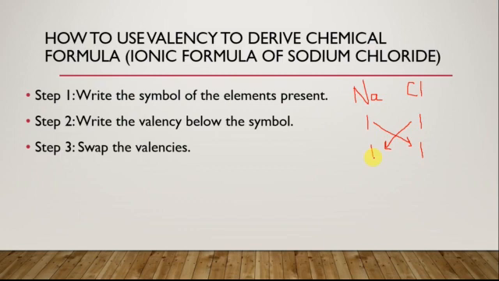So we write that same number for sodium. So we are swapping the valencies. Next we have to simplify the valencies if possible. Only if simplification is possible can we simplify. But for this example, no need to simplify because it is already in the simplest form, that is 1.